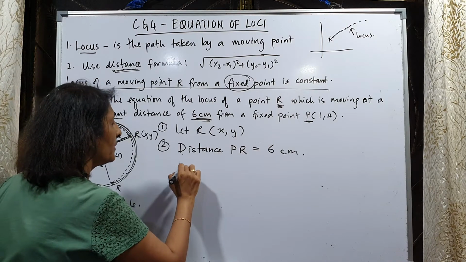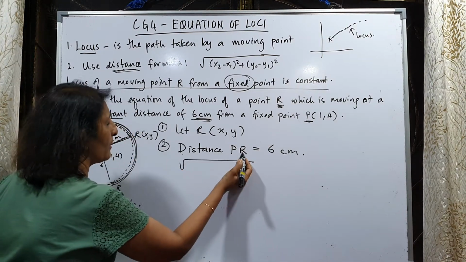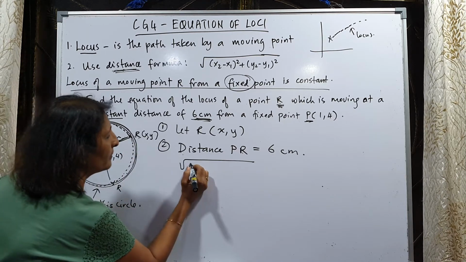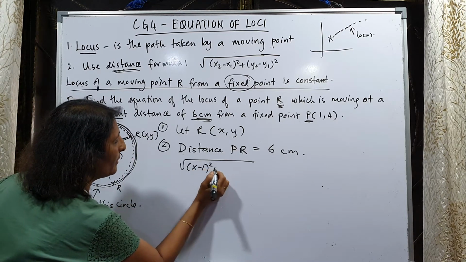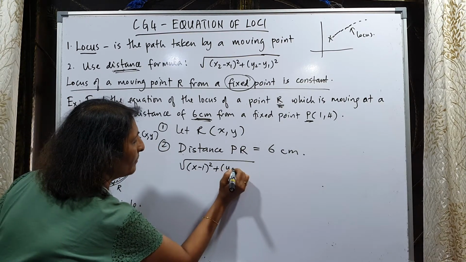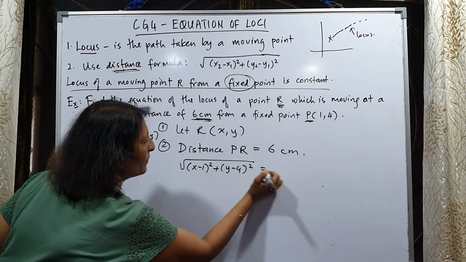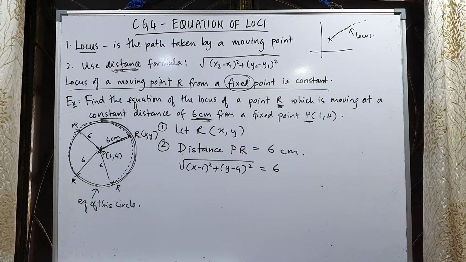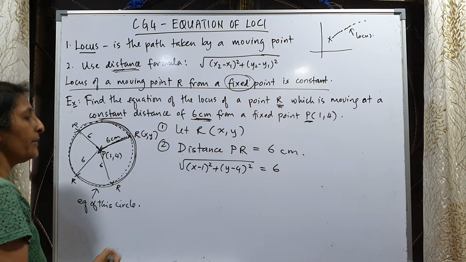Now we use the formula for the distance of P to R. So this is x2 minus x1, x minus 1 squared plus y2 minus y1, y minus 4 squared, square rooted, equals 6. Okay, we use the distance formula, we get a connection between x and y.